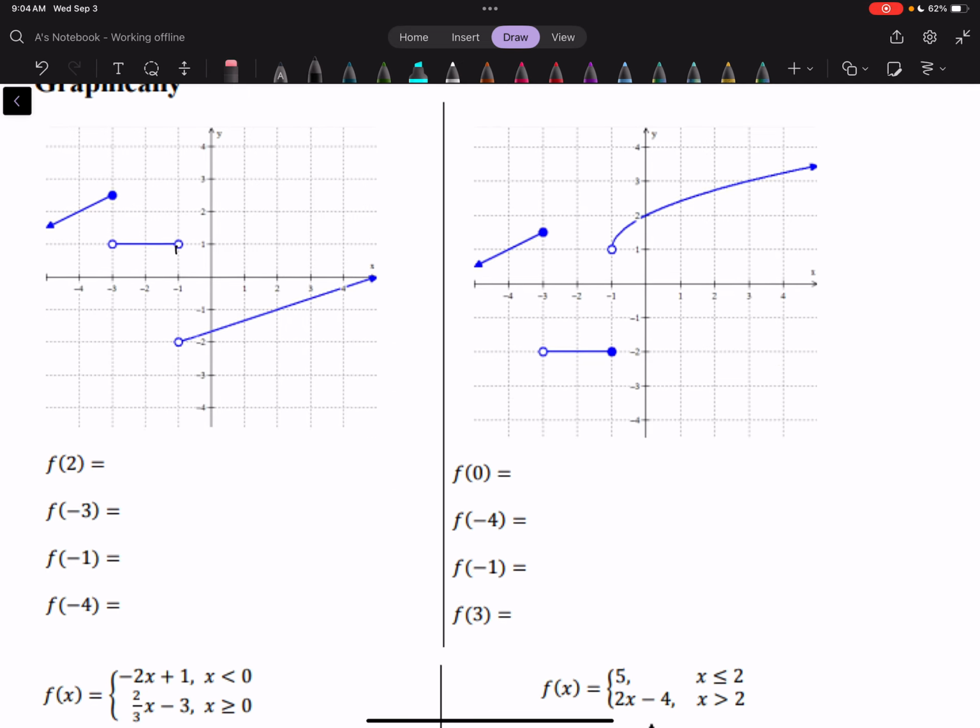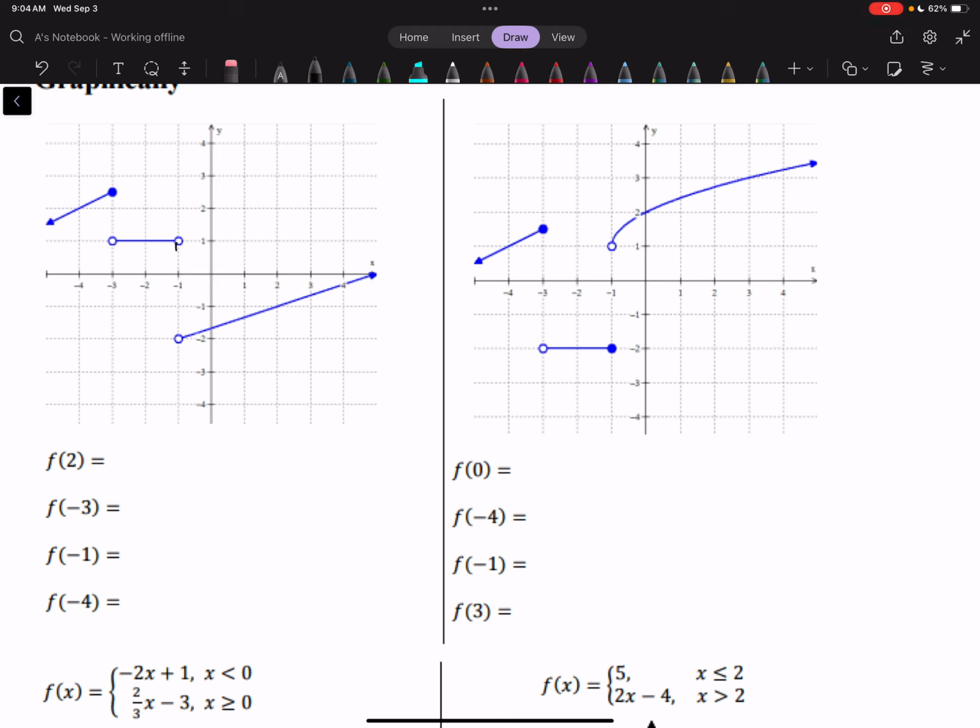If we look at solving these graphically, we are going to be on the x-axis looking at 2 to begin with. Draw a vertical line at 2, and it gives me negative 1 as my y value.